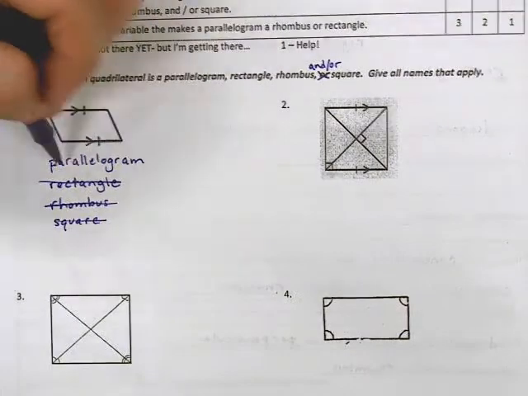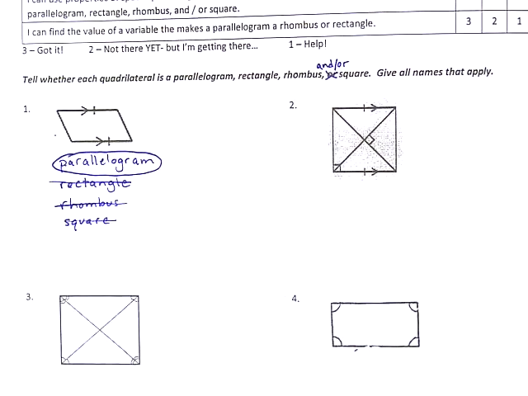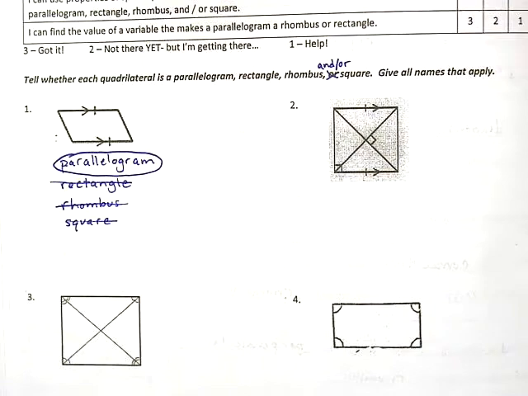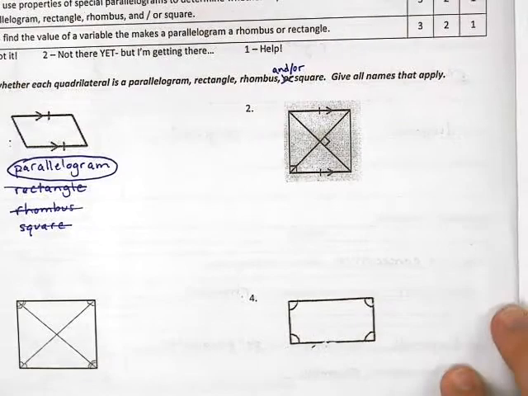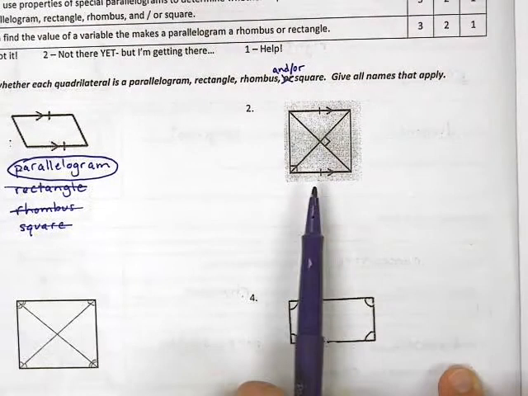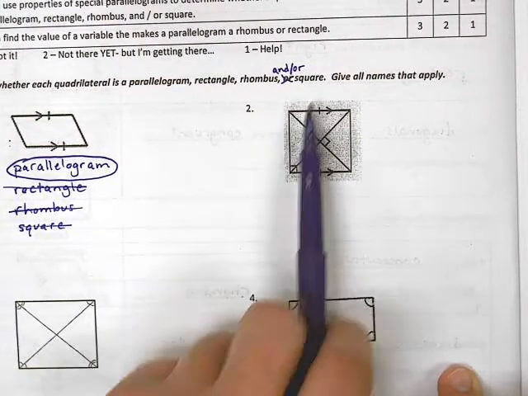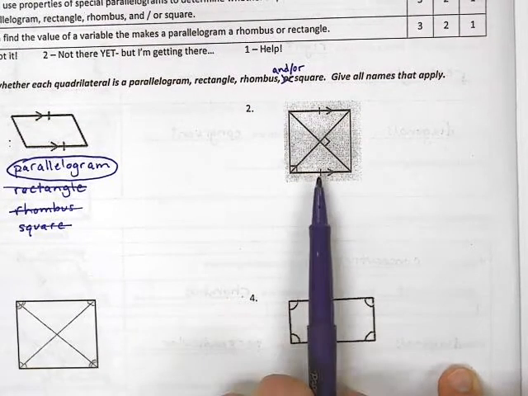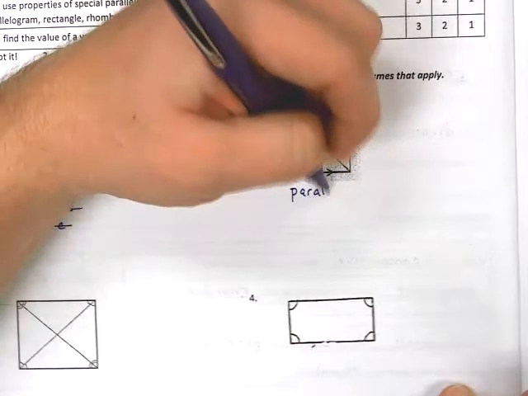And so now I would know that the most specific name for this shape is a parallelogram. Okay? Let's check out the next one. Very similarly, I again see a condition for parallelogram. Where? Well, I see opposite sides that are both congruent and parallel. So this is again a parallelogram.